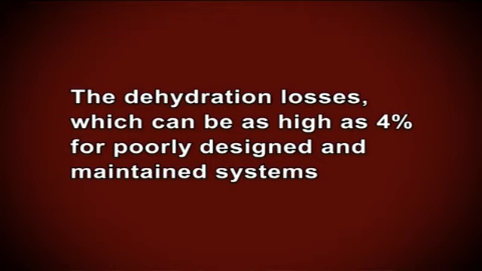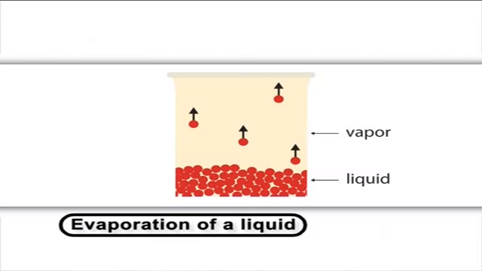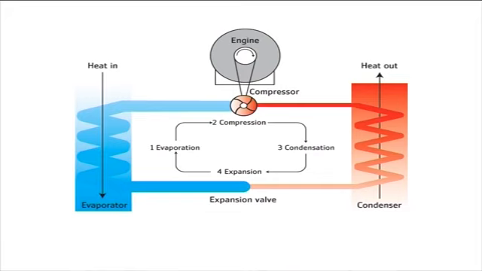Conclusion: refrigeration is the science of producing and maintaining temperatures below that of the surrounding atmosphere. Refrigeration could be achieved by melting a solid, sublimation of a solid, or evaporation of a liquid. In a simple vapor compression cycle, compression, condensation, expansion, and vaporization are completed.